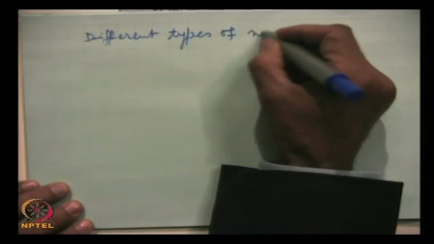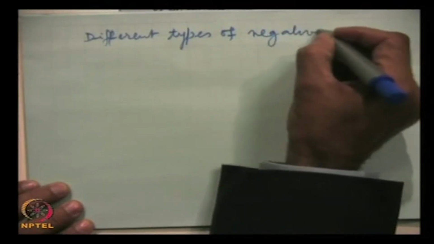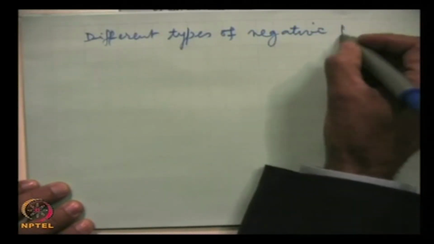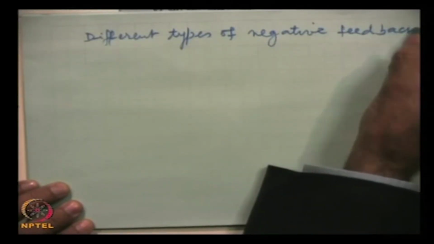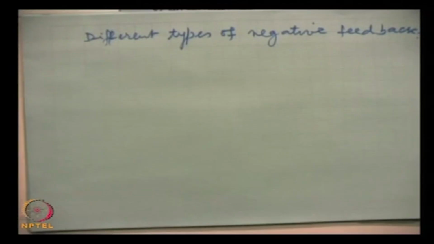Depending on how we connect the feedback network at the input and output, that will decide what type of configuration we are going to have.